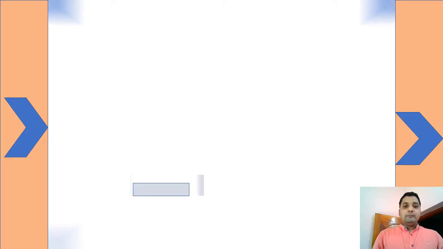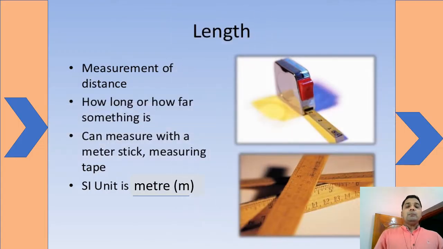So if we come to the definition of length, here you can see the definition of length. Length is the measurement of distance, or we can say length is the distance or path between any two points, one the initial point, one the final point, one the starting point, one the end point.